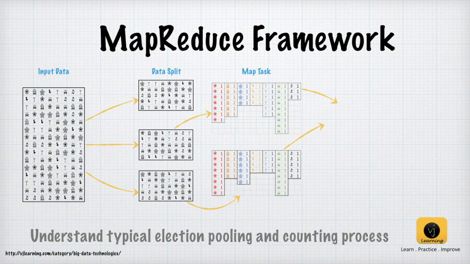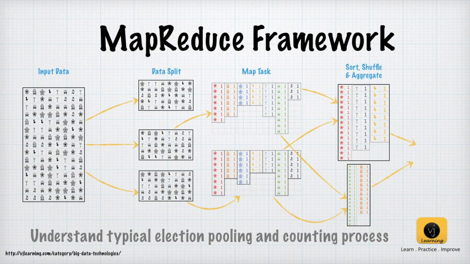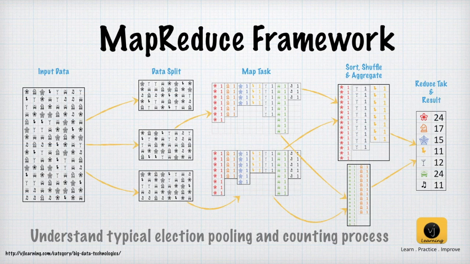That's what is going to happen. Now a sorting and shuffling process happens, where the output of all the mappers is taken out, aggregated and put together in one section called shuffling and aggregation.